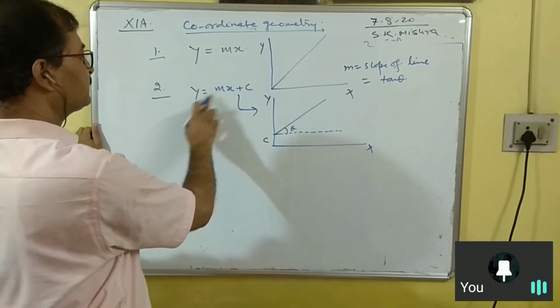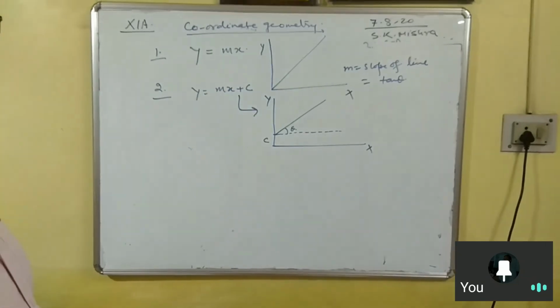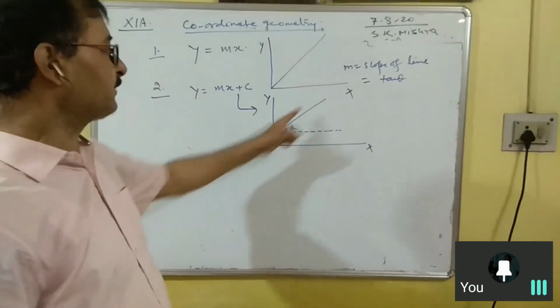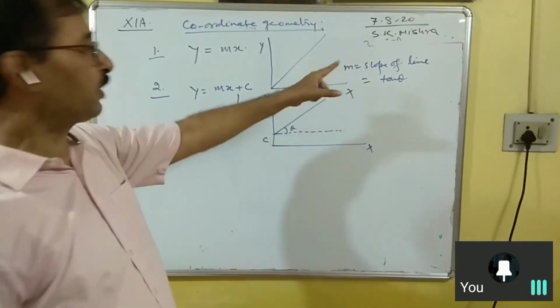So if it is y is equal to mx plus c, the graph will look like this. If you plot the graph, y versus x, the graph will have some intercept c and then a straight line is drawn.